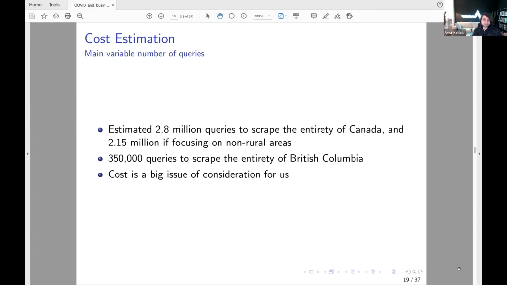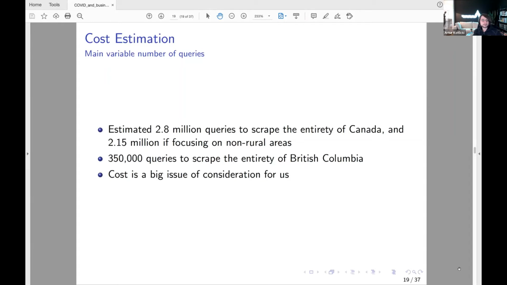So let me quickly talk about cost, because this is the main consideration for us. The data sets that Google provides are quite granular and enable us to do quite a lot of analysis, but to extract them, we need to do a lot of queries, and each query has an associated cost. I think 1,000 queries is about $2.